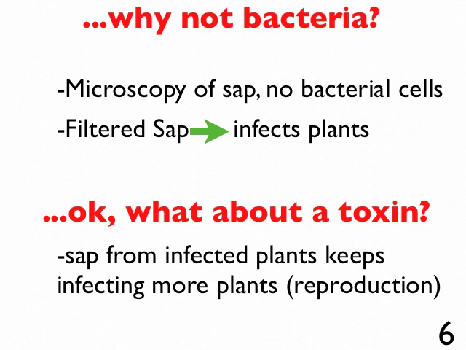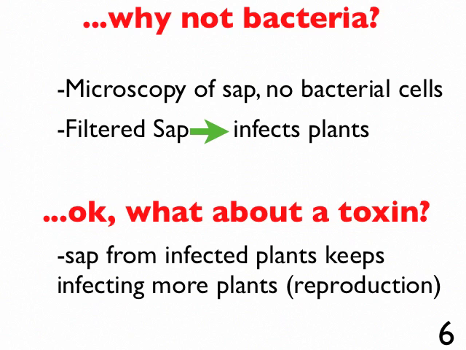Okay, so we have some pretty decent evidence that it's not bacteria, but could it just be some small molecule toxin? To test this, they took sap from an infected plant, which has this problem in it. Maybe it's a toxin. They take that infected sap, put it on healthy plants, they get sick. They wait a while, take those now infected plants, rub their sap onto yet another plant, that plant gets sick.